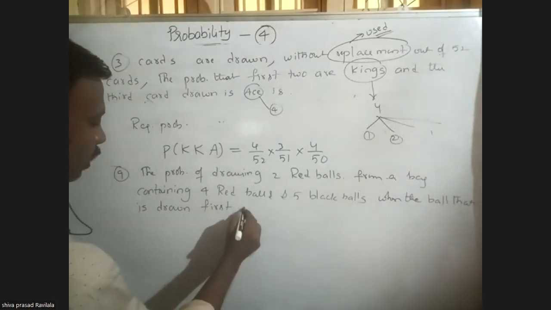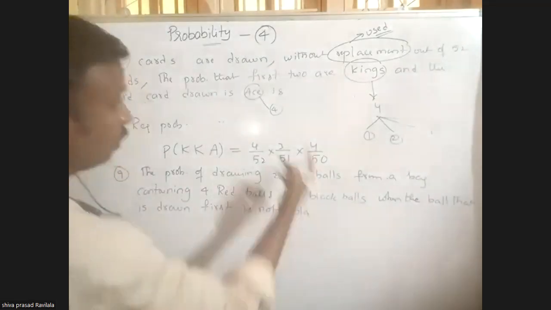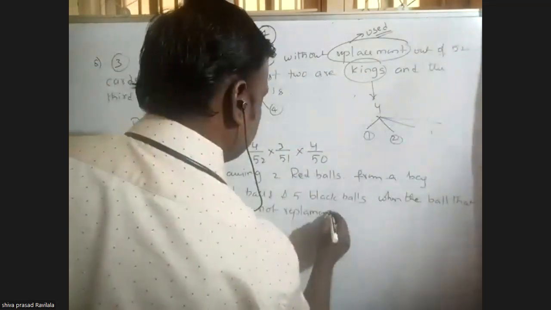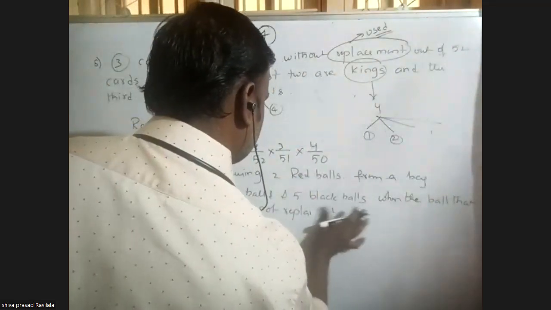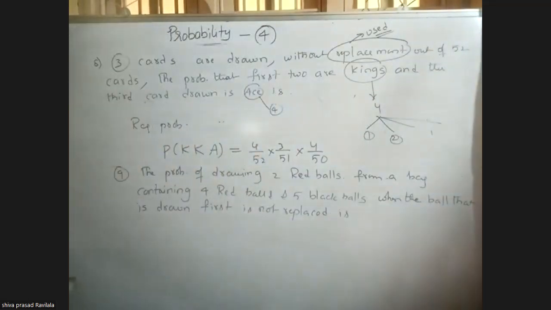First one is not replaced, I mean replacement is not done. We are using that first one. Once again, read the question. The probability of drawing 2 red balls in succession, one after the other, from a bag containing 4 red balls and 5 black balls, when the ball drawn first is not replaced.